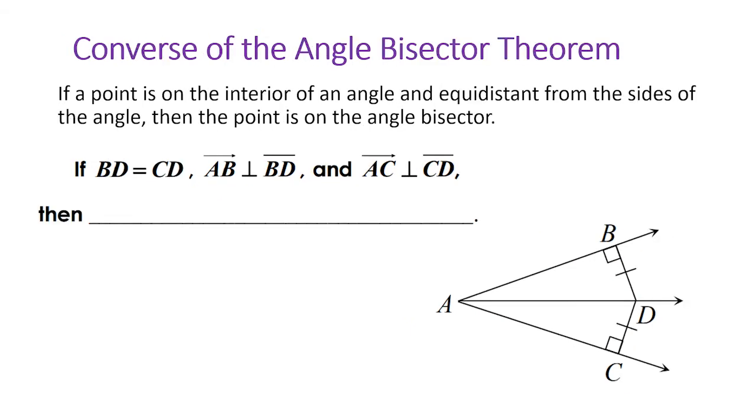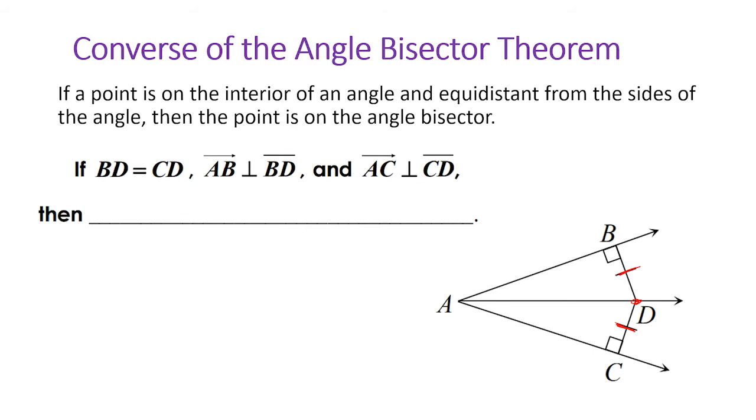And then we have the converse. It says if a point is on the interior of an angle and equidistant from the sides, so again we're talking about point D, and we see it is equidistant because we have these congruent marks, then the point is on the angle bisector.